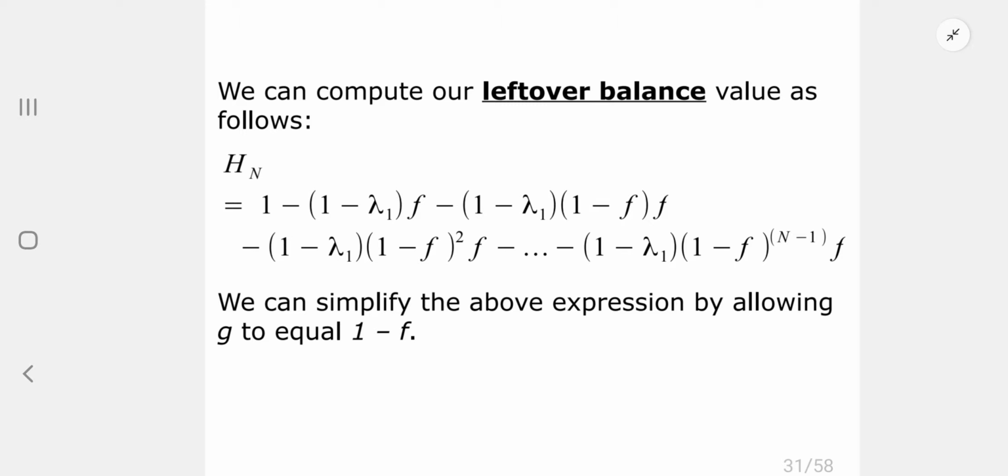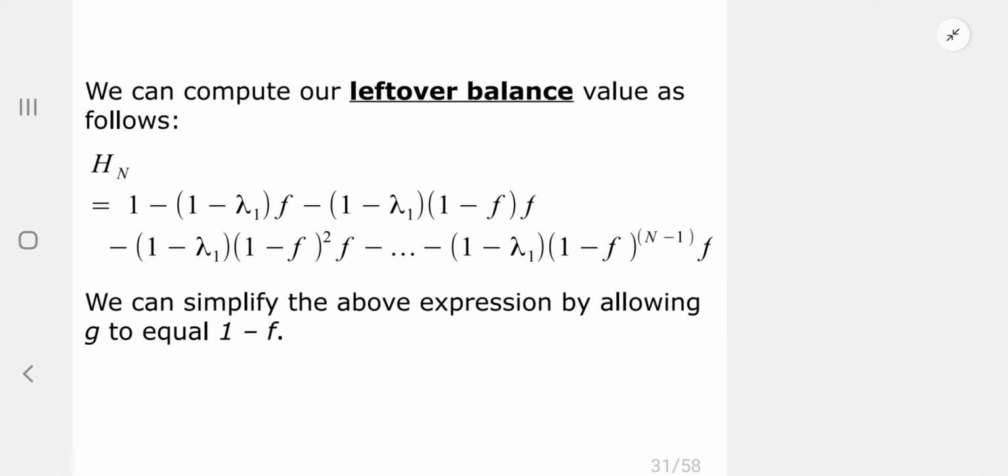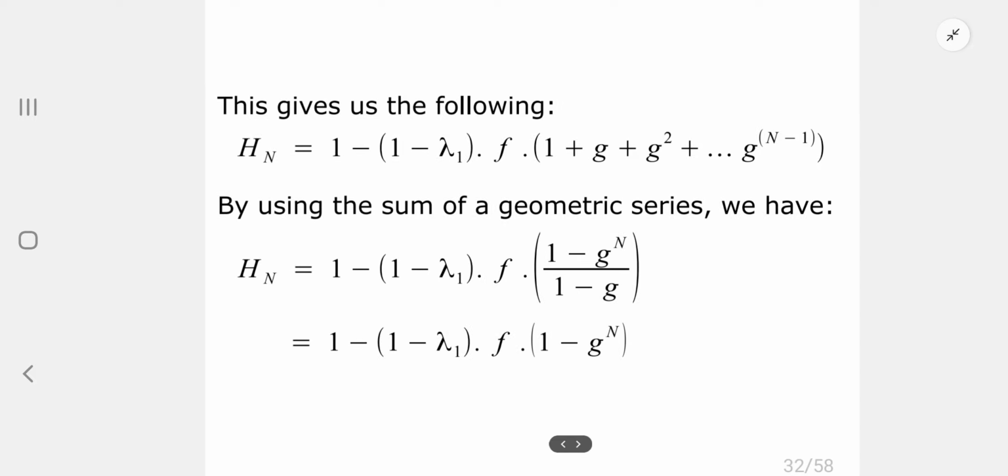We can simplify the above expression by allowing g to equal 1 minus small f. This gives us the following. Hn equals 1 minus (1 minus lambda 1) times small f times (1 plus g plus g squared plus all the way until g to the power of n minus 1).